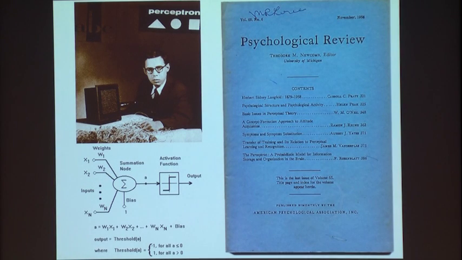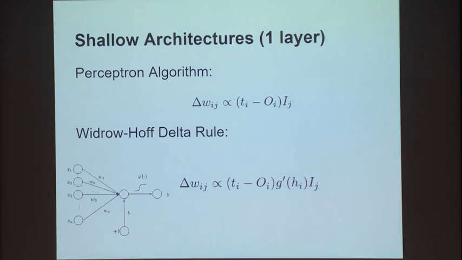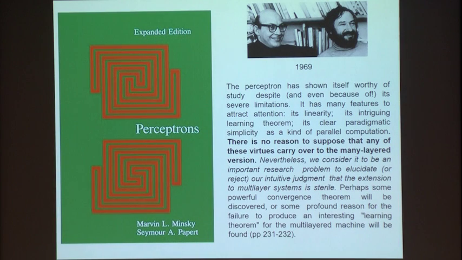A few years later, Rosenblatt came up with the first algorithm for training a single neuron. It's called the perceptron algorithm, but it's essentially gradient descent for training a single neuron. It was generalized by Widrow and Hoff, but that's really a minor generalization.